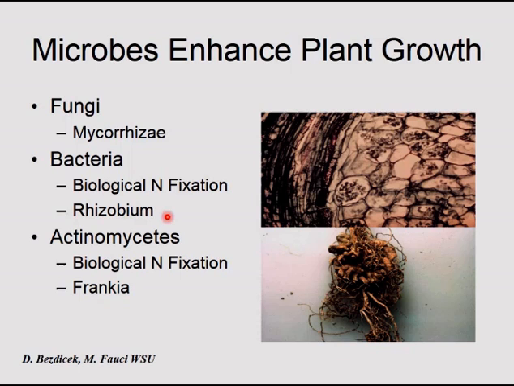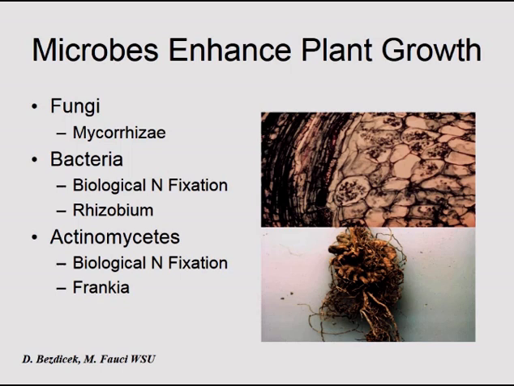But the benefit for the plant is that the rhizobium are able to take N2 out of the atmosphere and convert it into organic N. That's important because that organic N pool, once it's in the soil, can then be converted into either ammonium or nitrate using other bacteria and fungi. So this is an important thing.